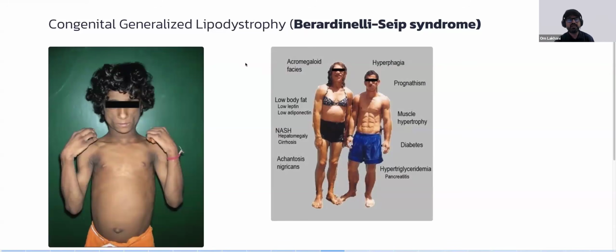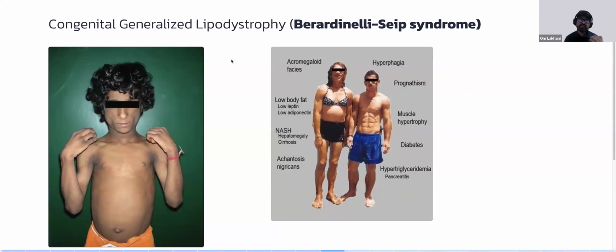What you can see here is this girl, who has acromegaloid-like features. First of all, you can see that she has literally no fat. She probably has a little bit of ascites, so she might already have liver dysfunction, but they generally don't have any subcutaneous fat. It's more classically seen on the right side, where the patient has very low body fat.